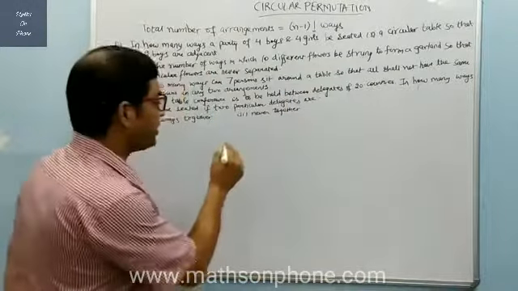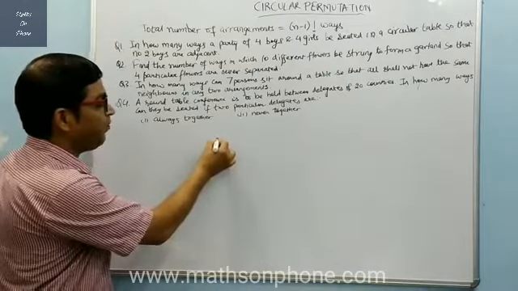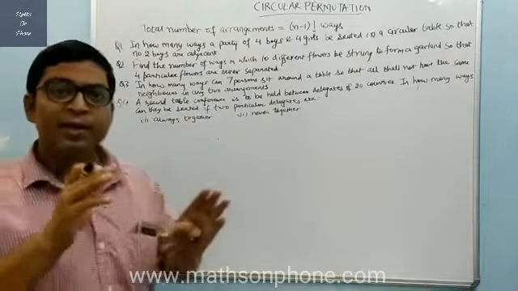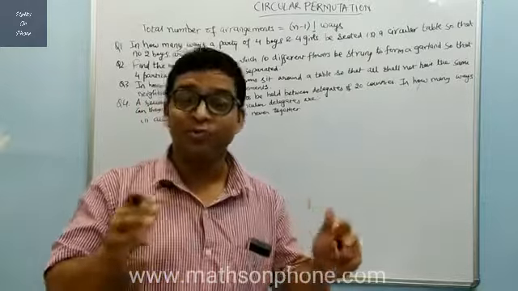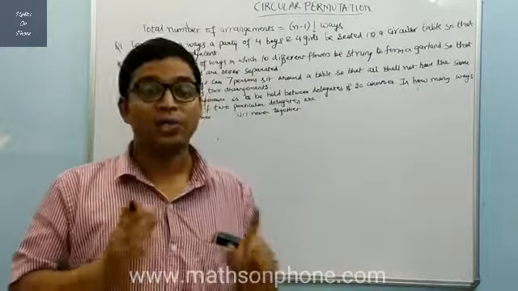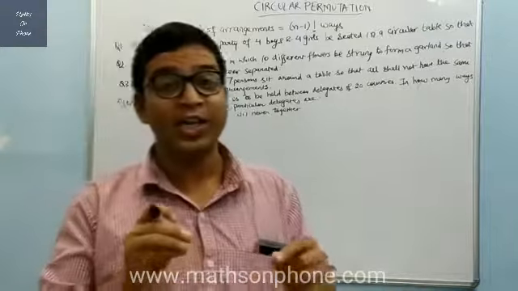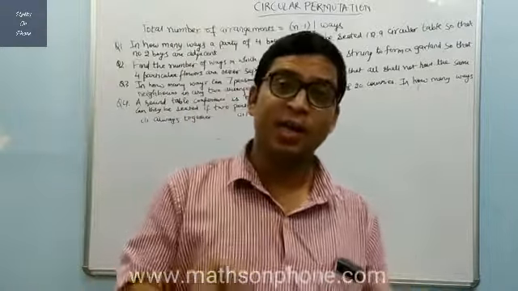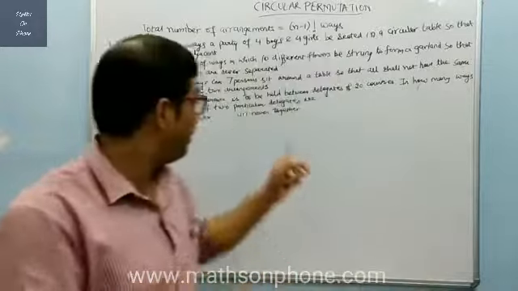What we do in circular permutation, we just keep one thing fixed, and the remaining n minus 1 things are revolved around that. So the total number of permutation of arranging n things in a circle is n minus 1 factorial. Just remember this.